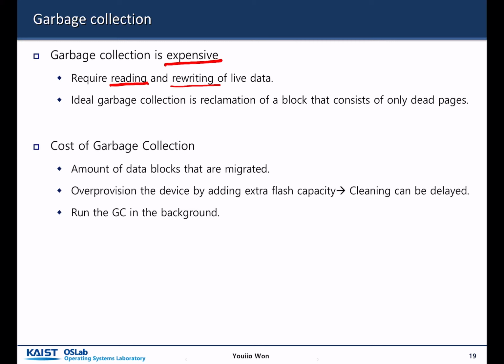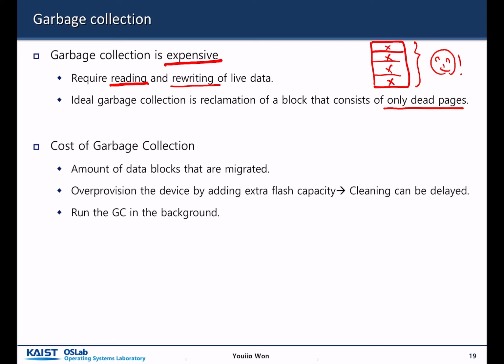So the ideal garbage collection is reclamation of a block that consists of only dead pages. If all pages are dead, let's say there are 4 pages and all are dead, then you don't have to migrate any pages at all, and you can simply erase it. So that's the ideal case.